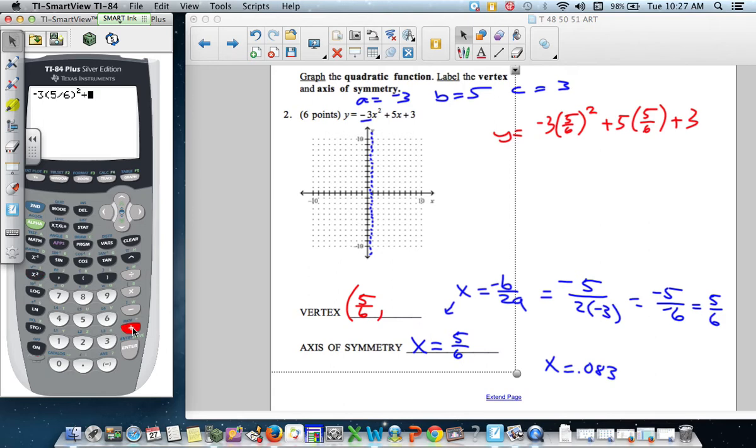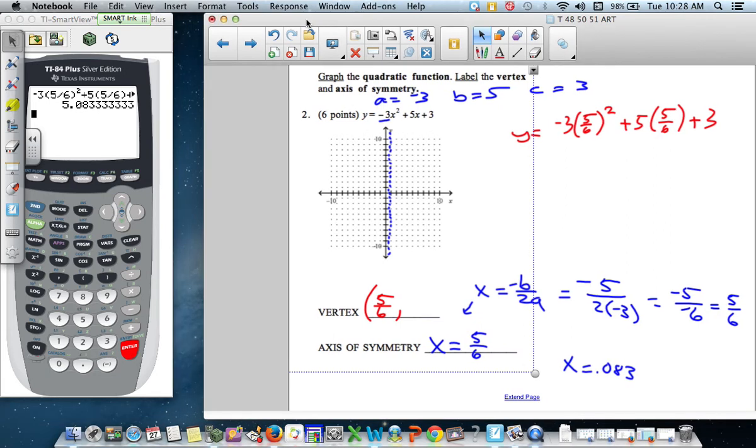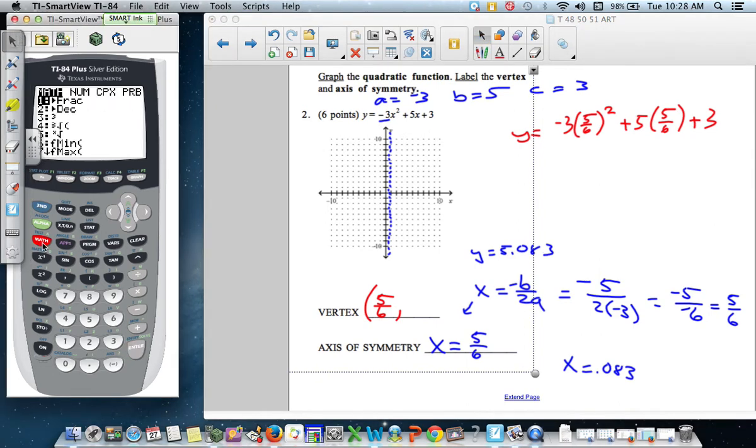Notice how I use parentheses. Plus 5 times 5 sixths plus 3. And if you used 5.083 for the y-coordinate of your vertex, that would be fine as well. I'm going to leave it as a fraction, so I'm just going to convert that to a fraction. And I get 61/12. That must be 5 and 1/12.